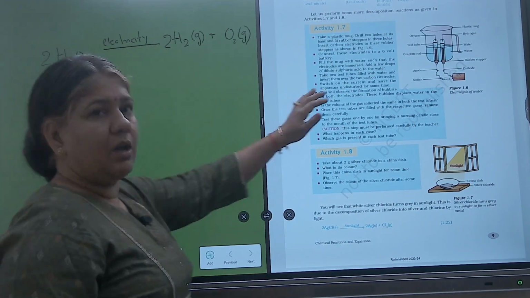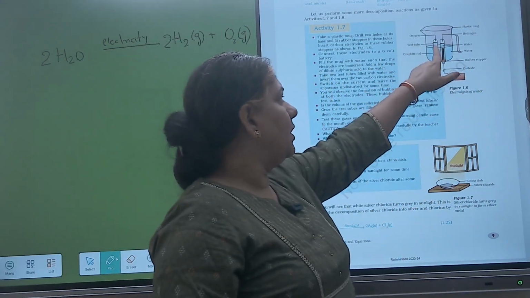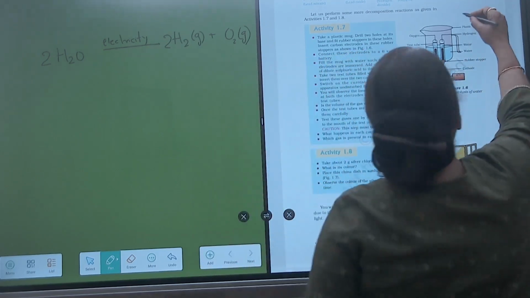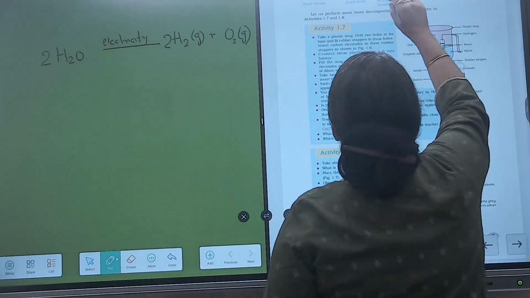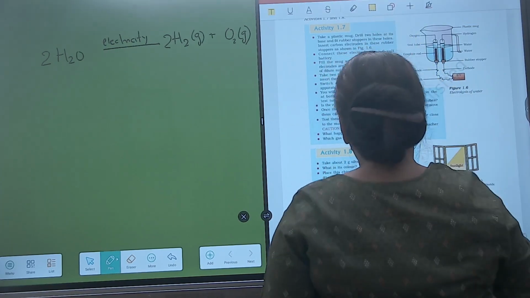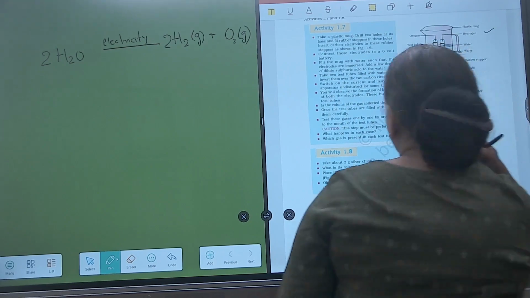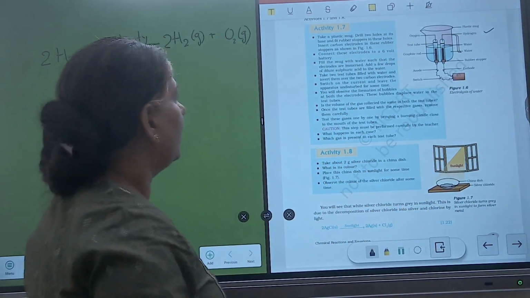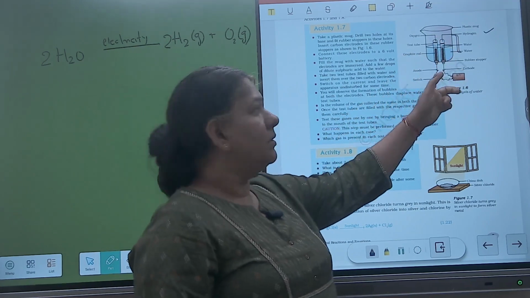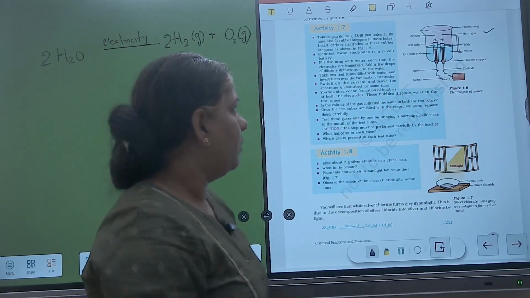Now let's see how the activity is performed, and you have to draw this diagram also. Practice this diagram because this is often asked in exams, to draw the diagram. So what in activity, we'll take a plastic mug and drill 2 holes at the bottom.